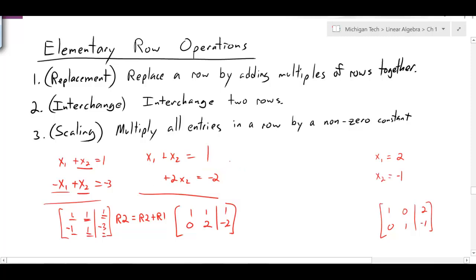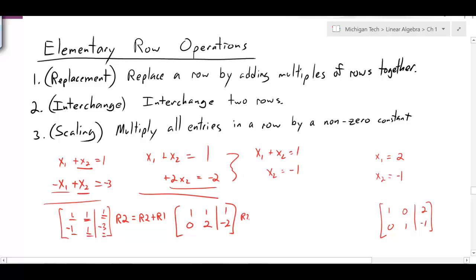My next step in finding the solution, I'm going to leave my first equation the same, but I want to solve the second one for x2, so I would divide both sides by 2, or I'd multiply both sides by a half. The result would be x2 is equal to a negative 1. I've taken that equation and just multiplied it by a half, and I'm allowed to do that. Well, that's the same thing as multiplying a row of my augmented matrix by a half.